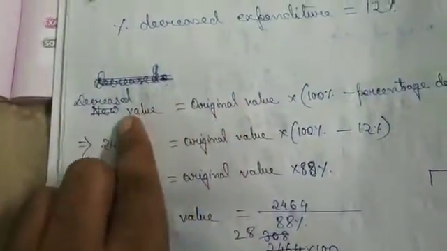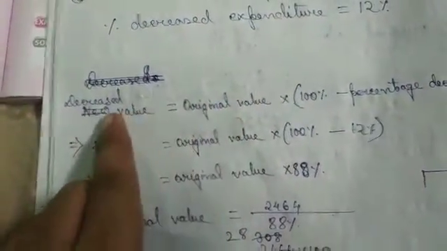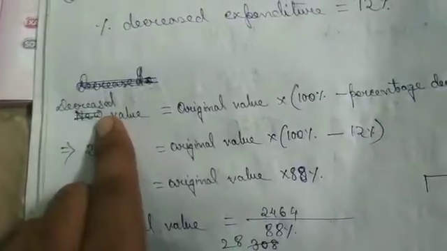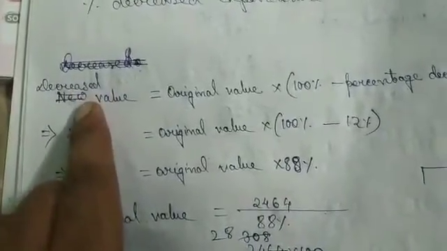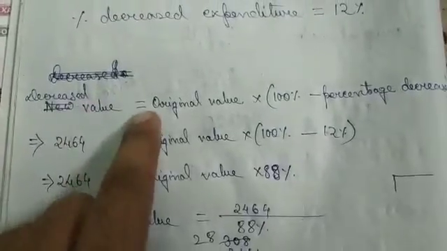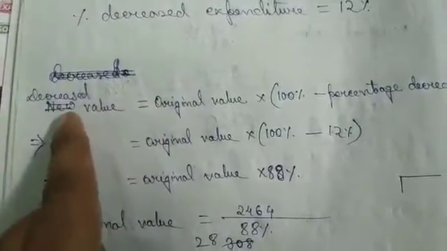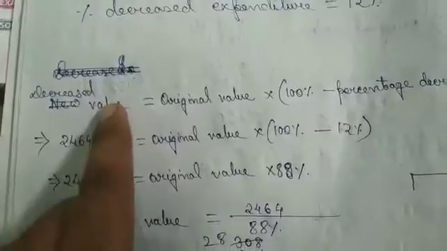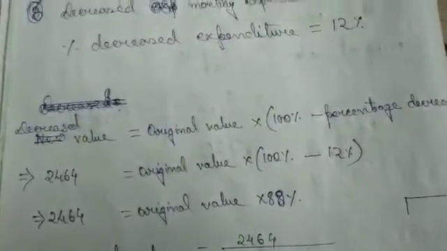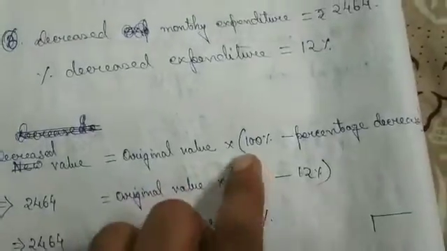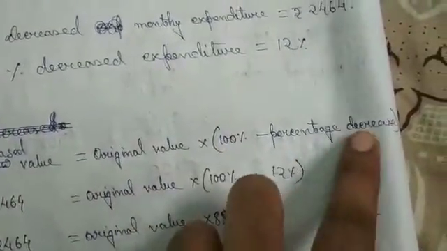The formula is decreased value, or new value, you can write either, but I have written decreased value because the problem is related to a decrease. Decreased value equals original value into 100% minus percentage decrease.